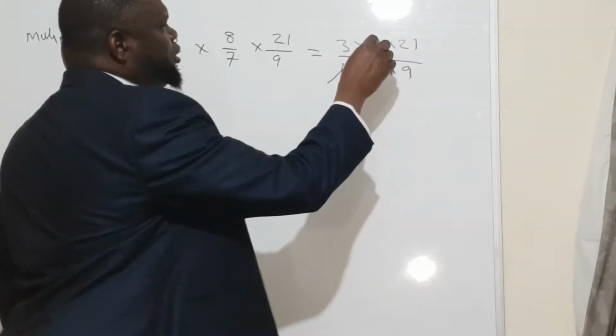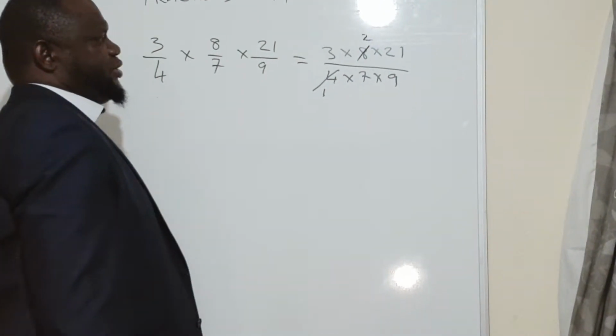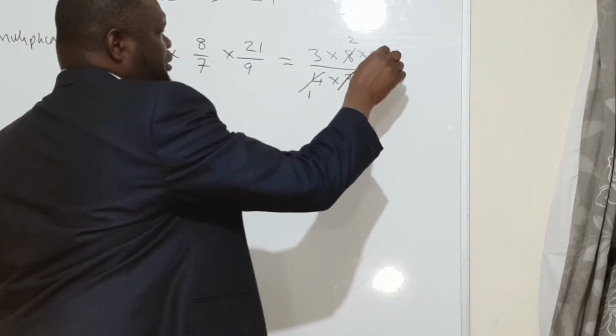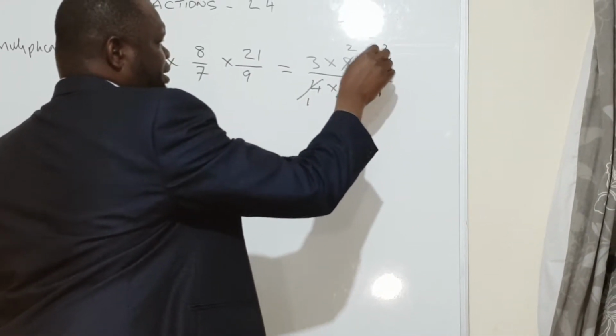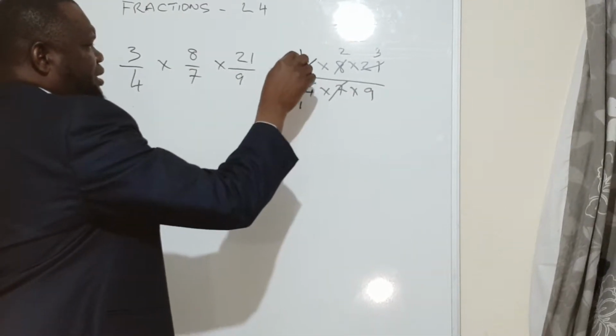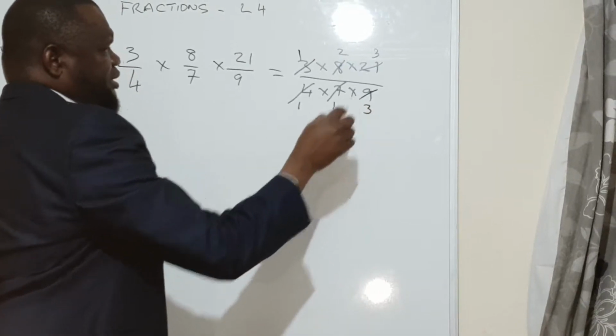4 can go into 8 how many times? Twice. 7 can go into 21 how many times? 3 times. 3 can go into 3, 1. 3 can go into this 3, 1 time.